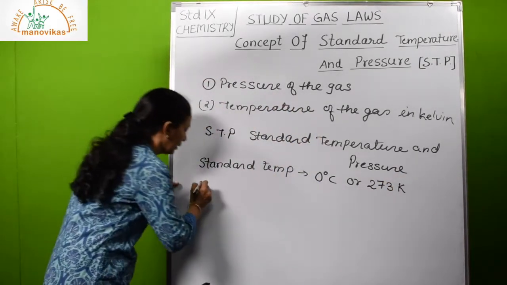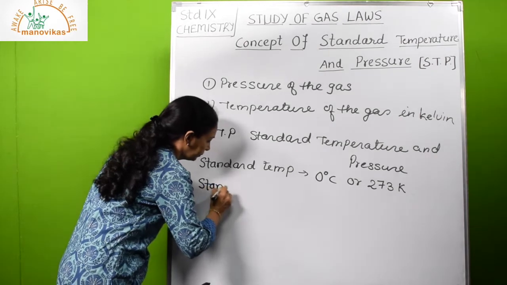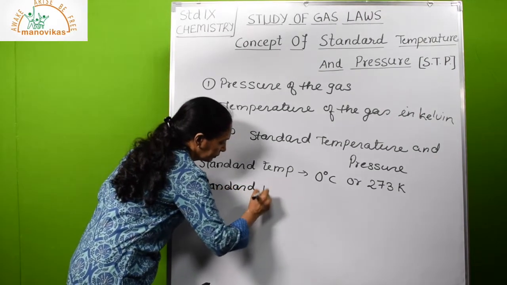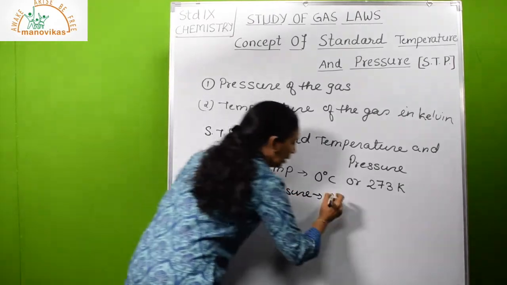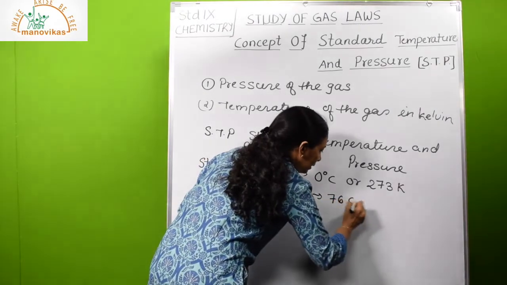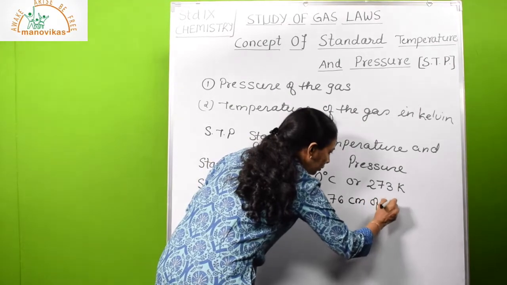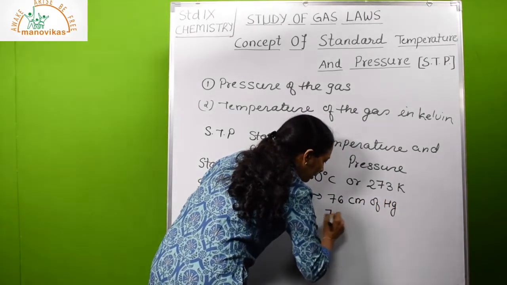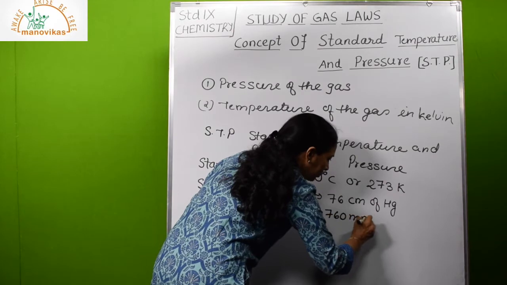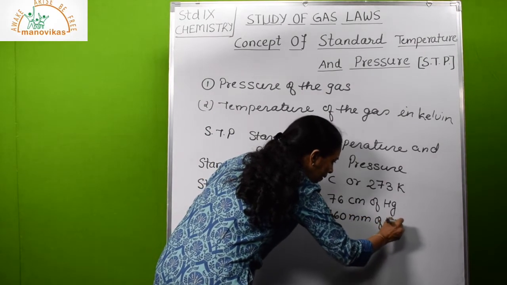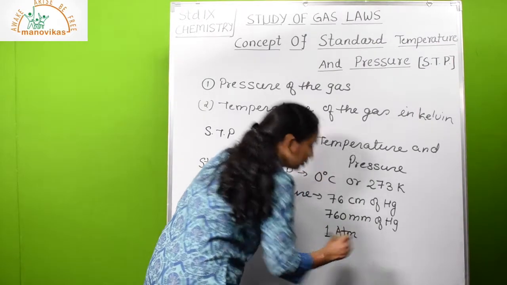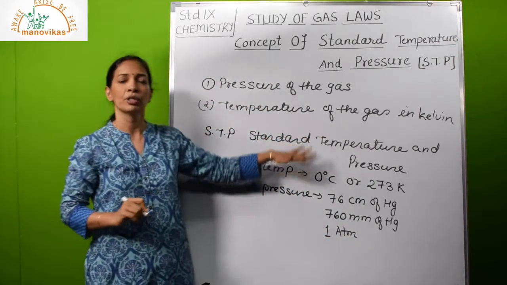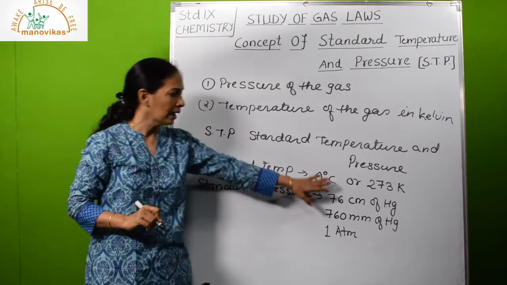And standard pressure is taken as 76 centimeter of mercury, 760 millimeter of mercury, or 1 atmosphere, which was done earlier also while explaining the terms temperature and pressure. So these are standard values.